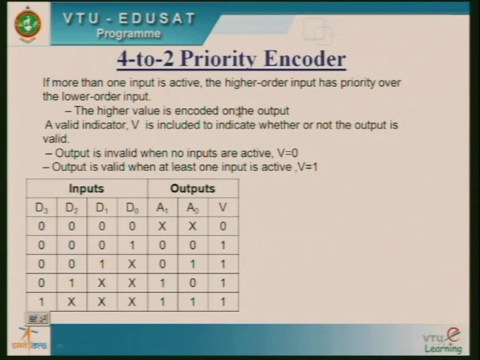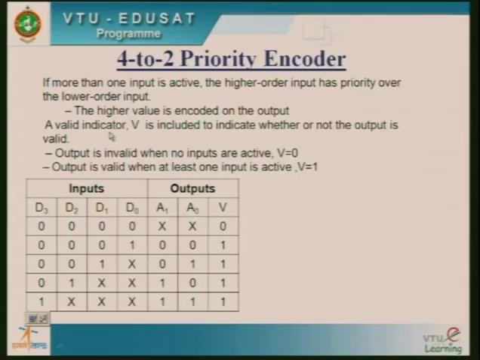That is called a priority encoder. If more than one input is active, then the higher order input has more priority over the lower order input. So always the higher value is encoded on the output side. This is what the priority encoder is.